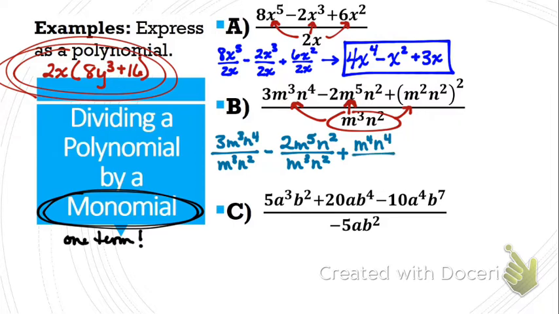Yes, m to the 4th, n to the 4th over m cubed n squared. So then I come in here and I reduce each term.